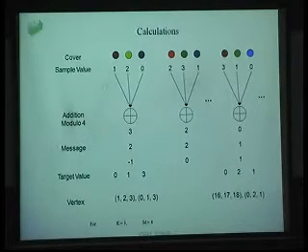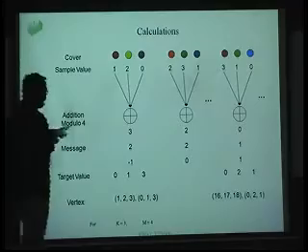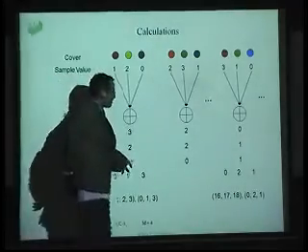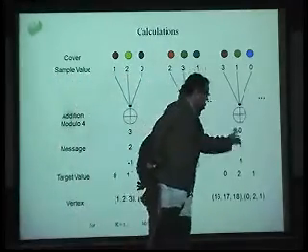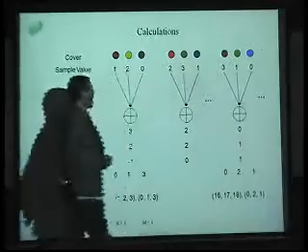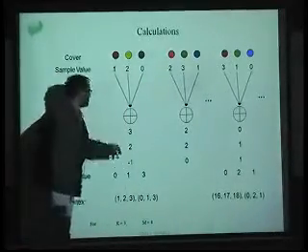The message output is 2 and the corresponding block functional value is 3. 2 minus 3 is minus 1. This minus 1 is simply added to the corresponding value over there.